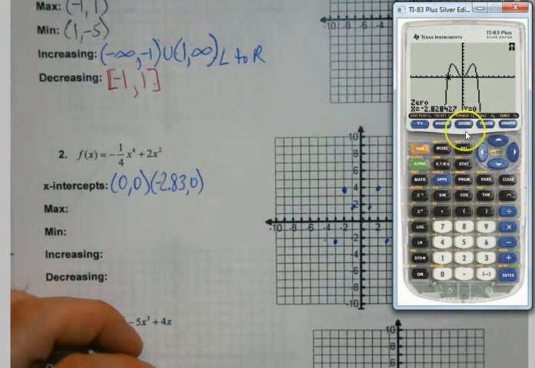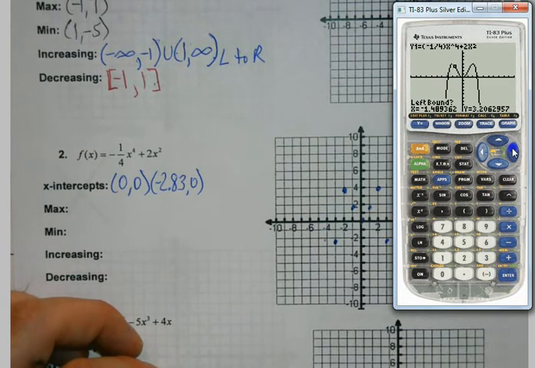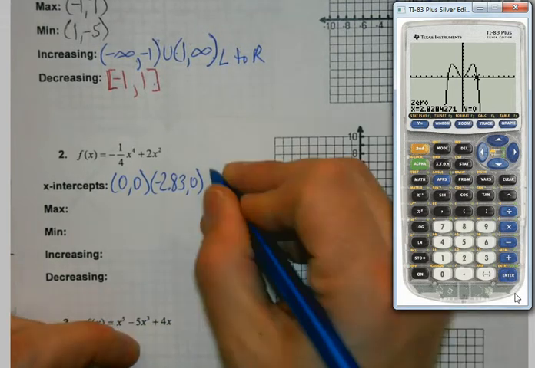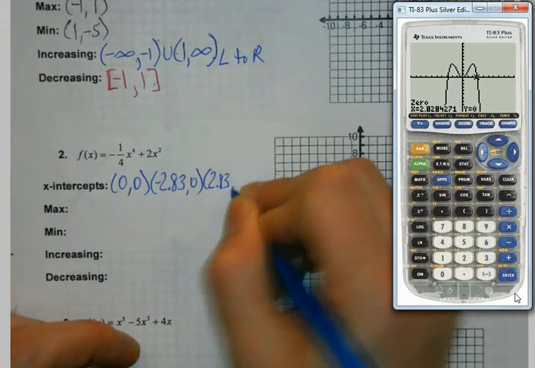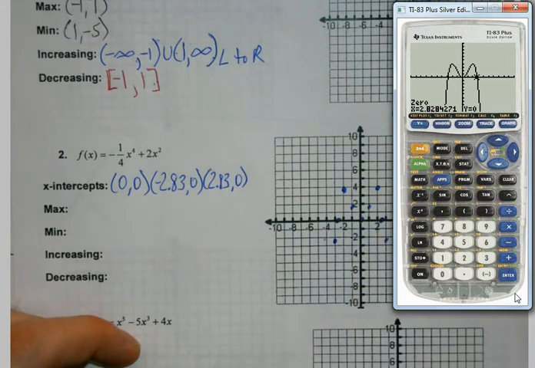I'm pretty sure it's going to be 2.83, but I better be sure. So again, left is anywhere above, because I'm still to the left of my point. And right's just going to be below. And it was what I thought. It's 2.83, 0. So I can get those dotted in.